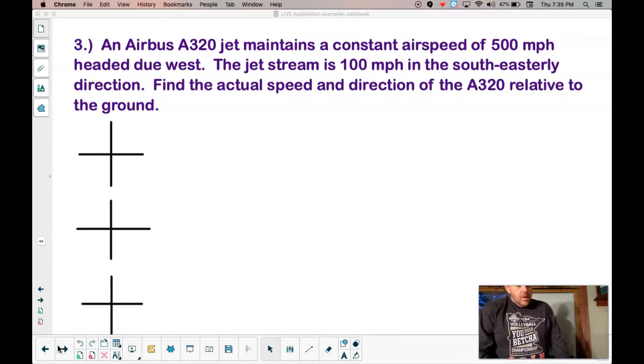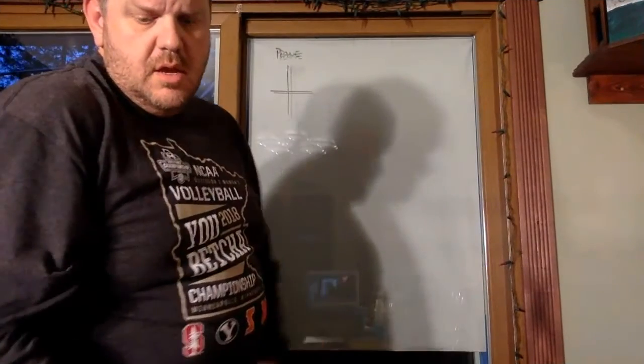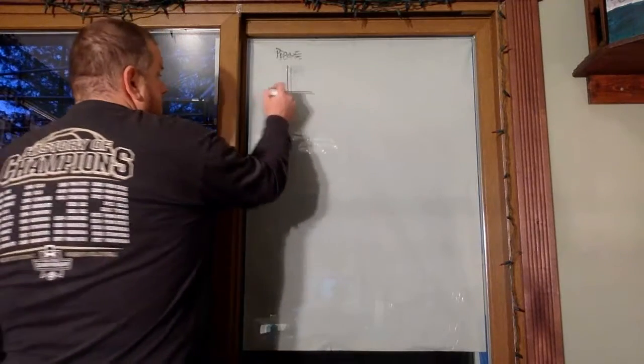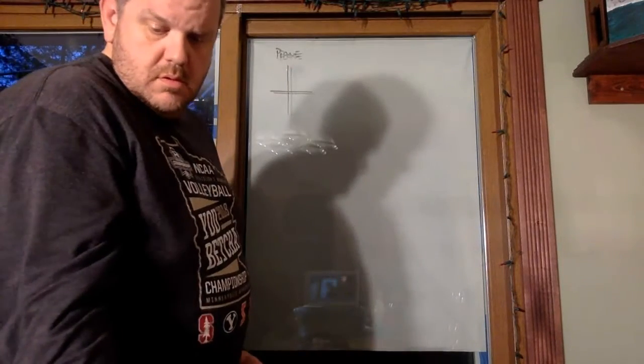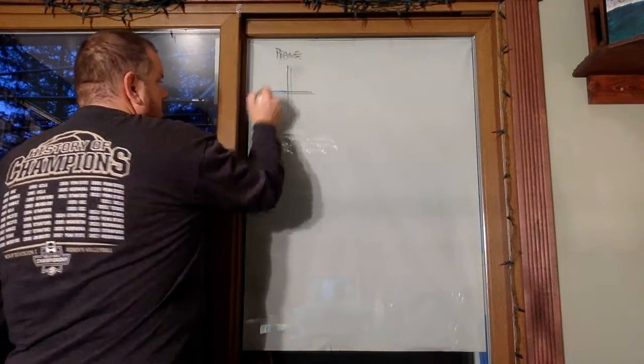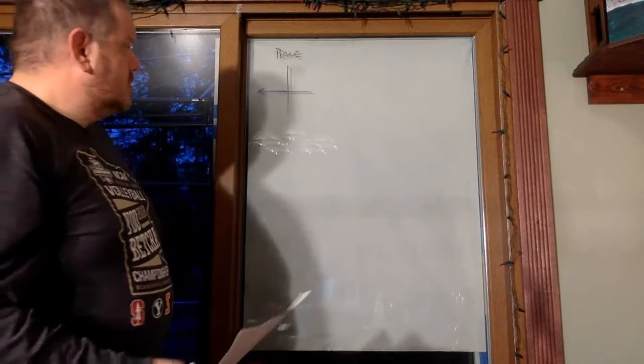All right, so again, we've got a plane flying, so we should deal with that one first. Let's figure out the vector to go along with the plane. The plane is flying due west, straight out there.